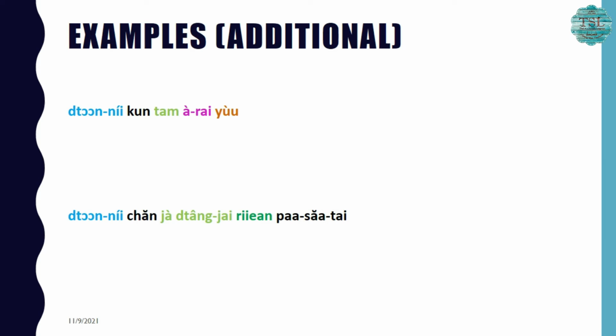So now examples for how to use ตอนนี้ and หลังจากนี้. The first one is ตอนนี้คุณทำอะไรอยู่, which has ตอนนี้ as an adverb, คุณ as a subject, ทำ as a verb, อะไร as the question word, and then อยู่ as a continuous particle to make this sentence a continuous sentence.